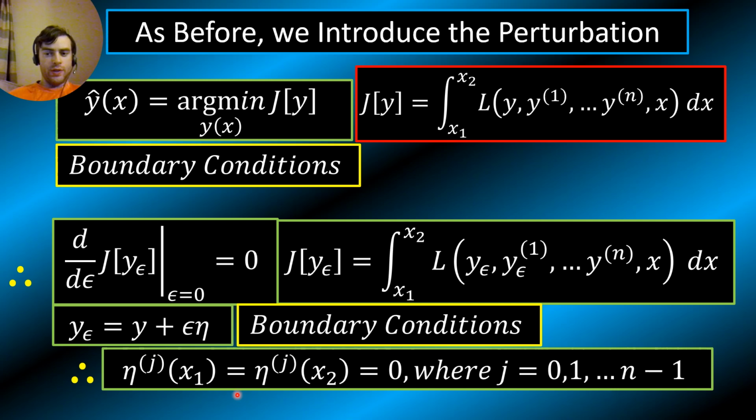That means you can only move in directions in the hyperplane in your domain. So that's why eta must be equal to 0 at those points in the domain, because otherwise you'd be going in directions that are perpendicular to the hyperplane.